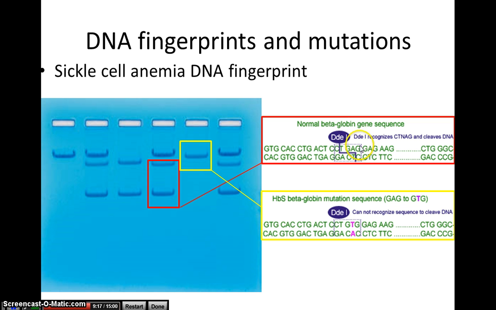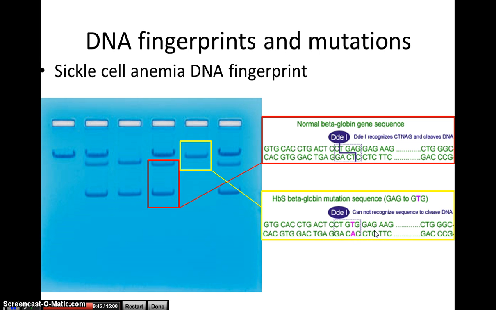If you recall, there is our normal sequence here, and then we have a problem down here where we had a point mutation. What this does is it changes the DNA in such a way that the restriction enzyme, which has this kind of funny name DdeI, but this particular restriction enzyme, which normally would recognize this site in the beta globin gene, cannot recognize it anymore.